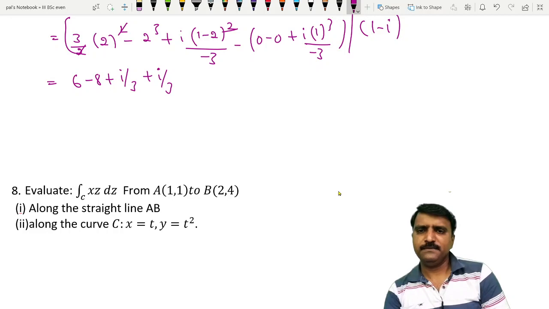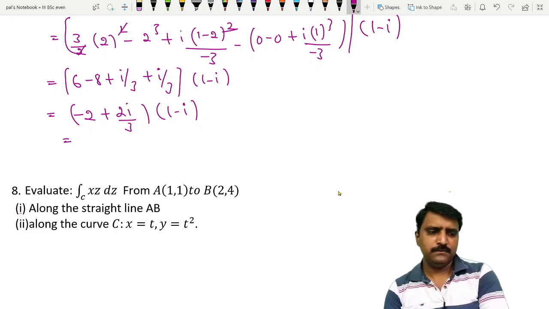This into (1 minus i). Its simplification gives minus 2 plus 2i divided by 3 into (1 minus i).